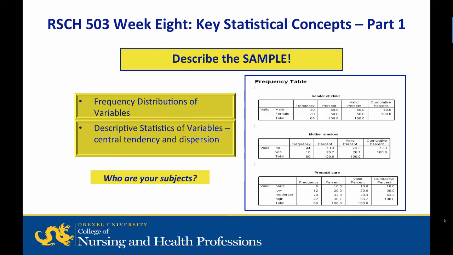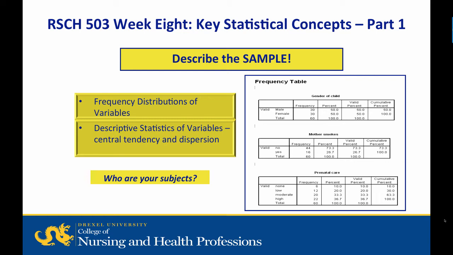Descriptive statistics literally describe the sample. For each variable in the study, descriptive statistics, both measures of central tendency and measures of dispersion, can be calculated. Such descriptive statistics tell an investigator who the subjects are. These are the subjects in the normative sample.